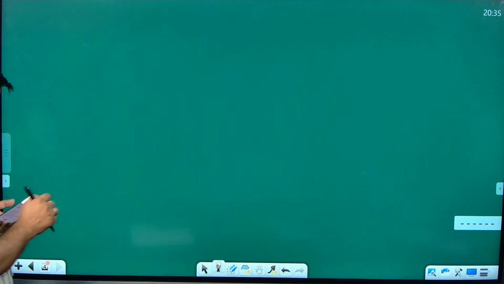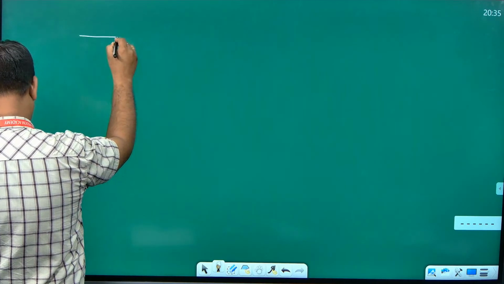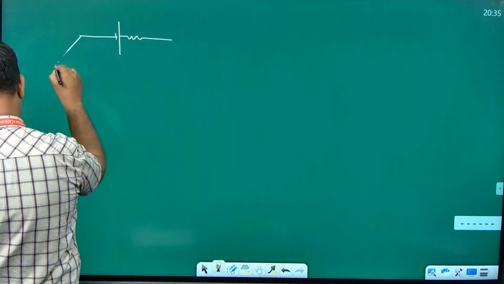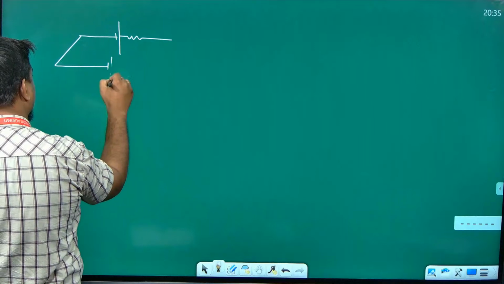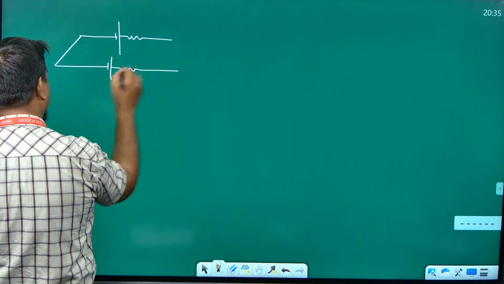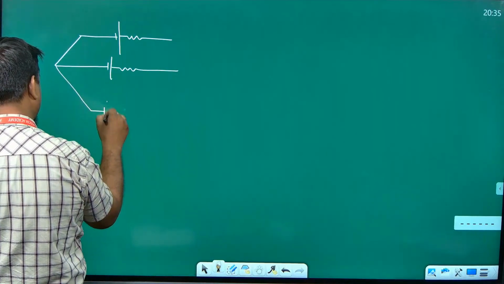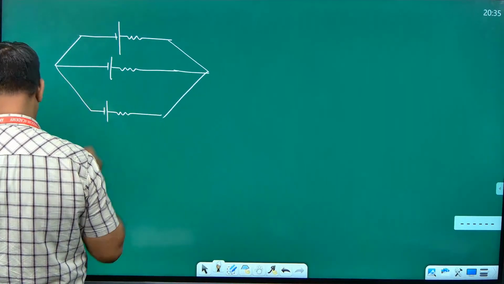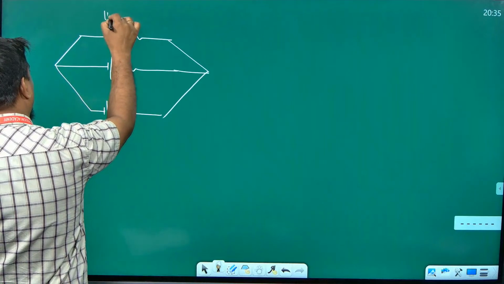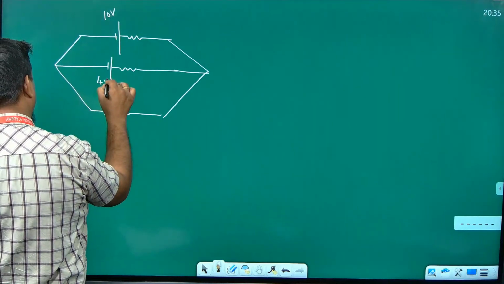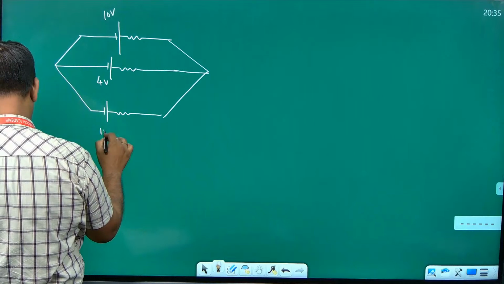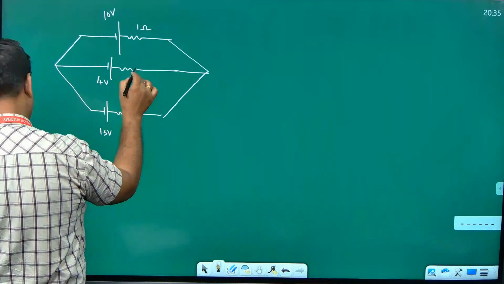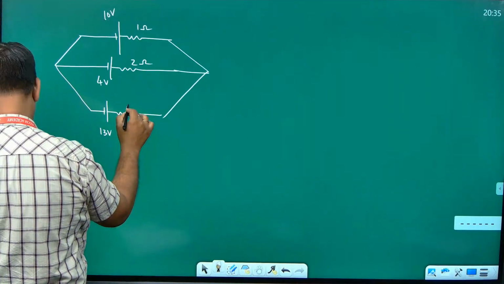Okay, simple only, try. 10 volt, 4 volt, 13 volt, 1 ohm, 2 ohm, 1 ohm.